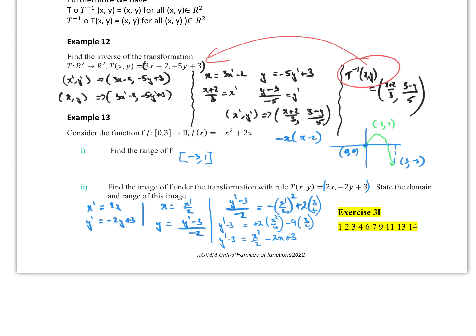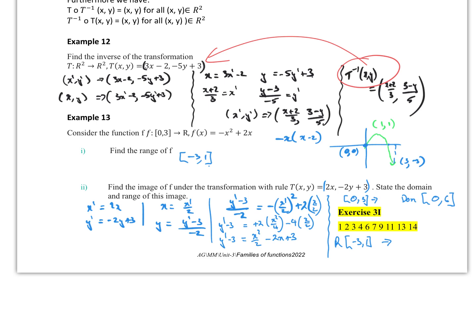So what impact does this have on my domain? Well, my domain was originally 0 to 3. And I know that the transformation says 2x. So my new domain is going to become 0 to 6. My range was -3 to 1, and the y value is being multiplied by -2 and 3 added.